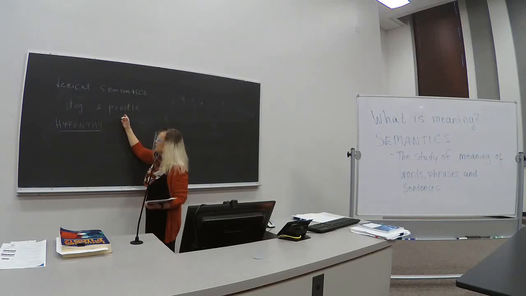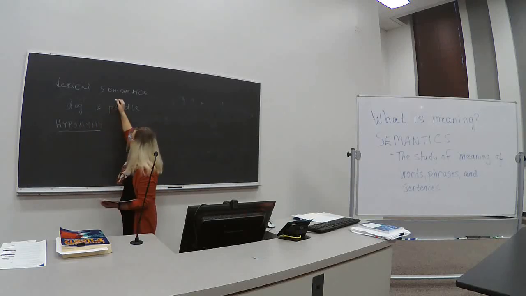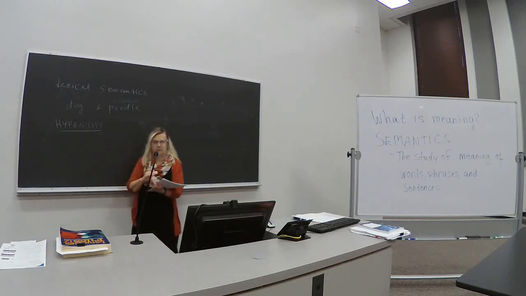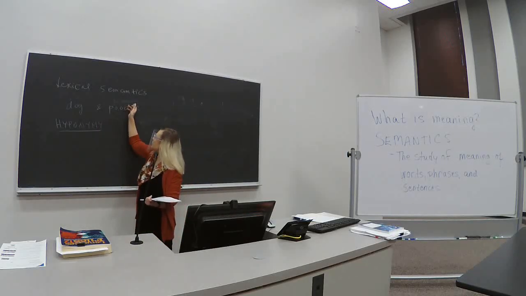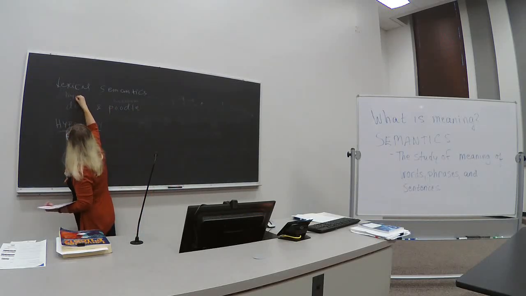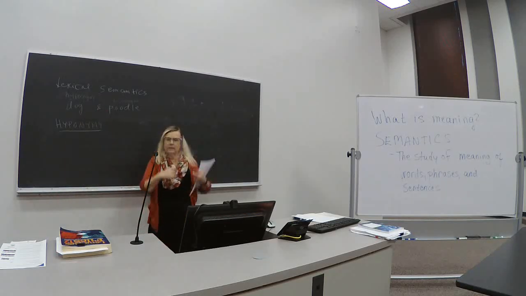So poodle is a hyponym of dog. This is a hyponym. It's an example. It's an undername, literally hyponym. And then dog is the hypernym of the poodle. It's the over category.